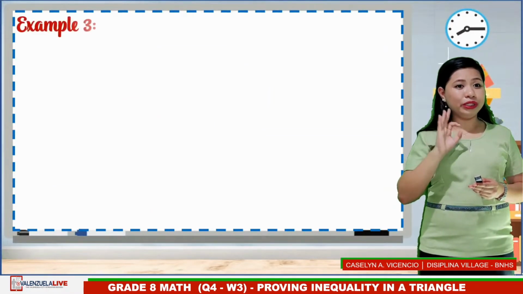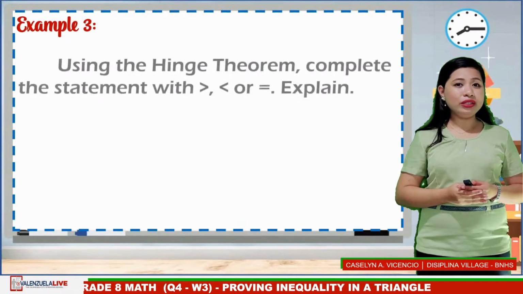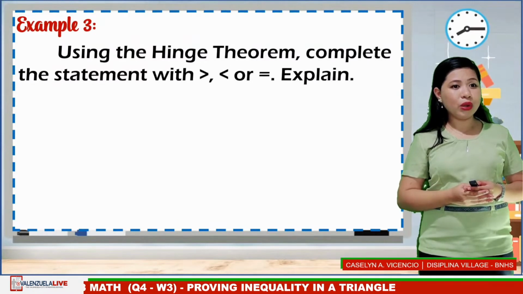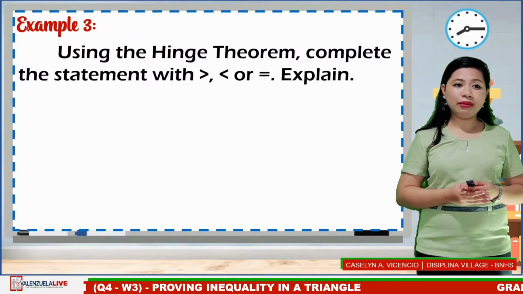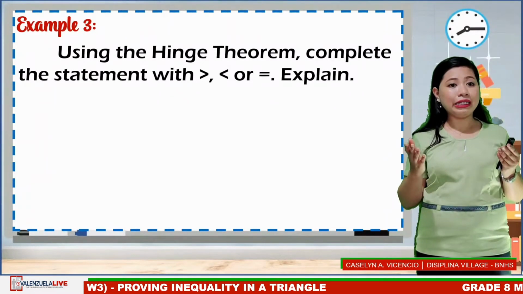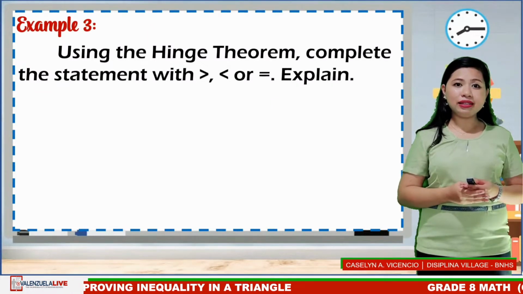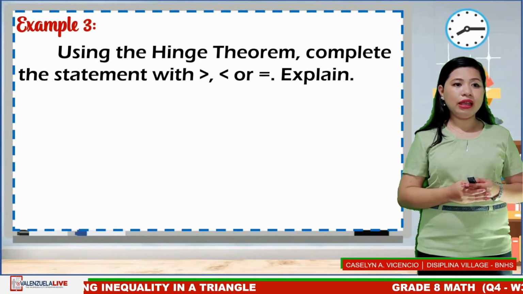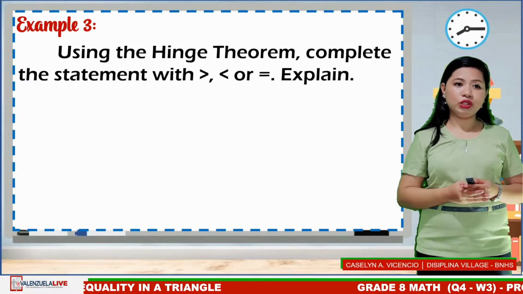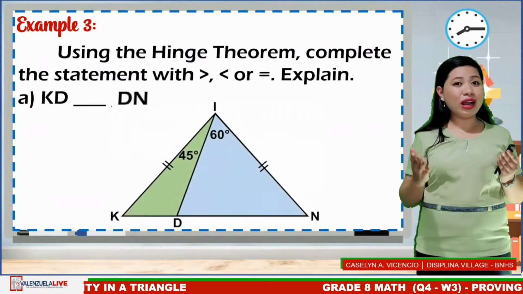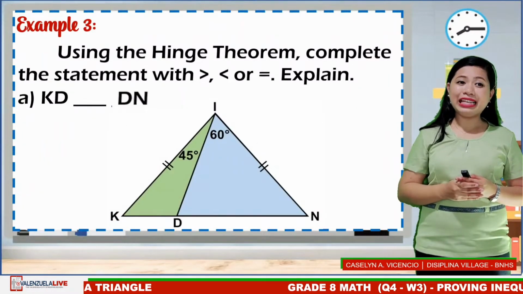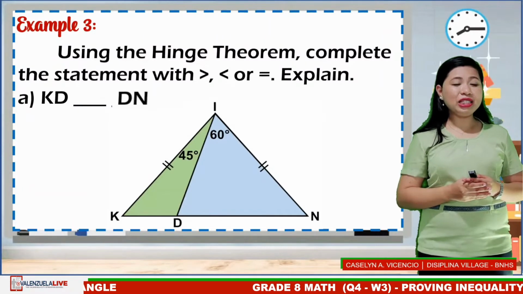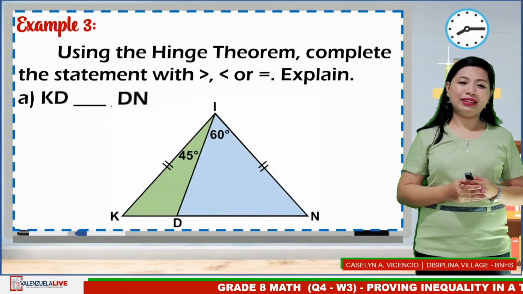For example, number 3, using the hinge theorem, we will complete the given statement using the symbols greater than, less than, or equal, and give an explanation. For our first given, side KD is blank to side DN.